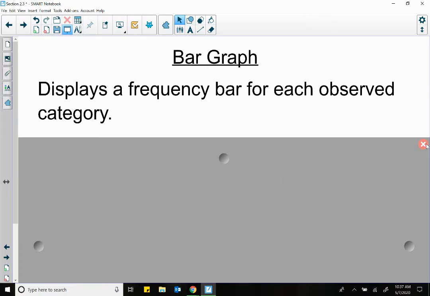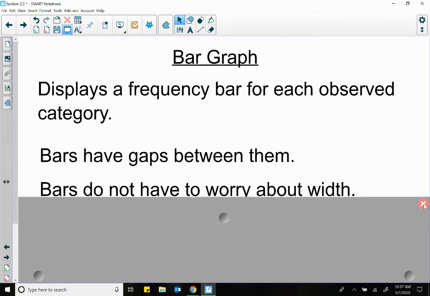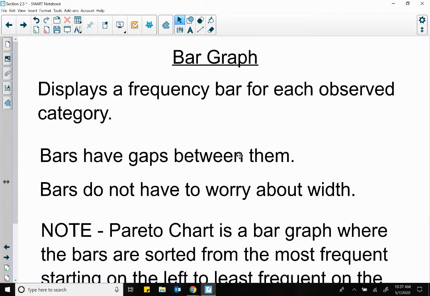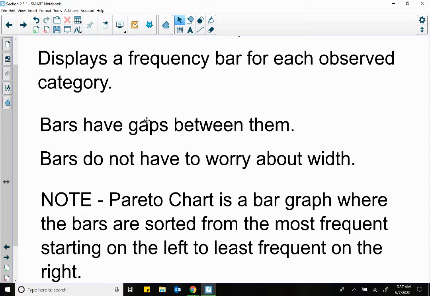So, what that means, and some other things that I have under here. So the bars will have gaps between them. Okay, I'll talk about that last guy. Probably shouldn't have shown all that, but that's fine. The bars will have gaps between them. They do not have to touch. Okay, they can if you want them to, but it's not necessarily.